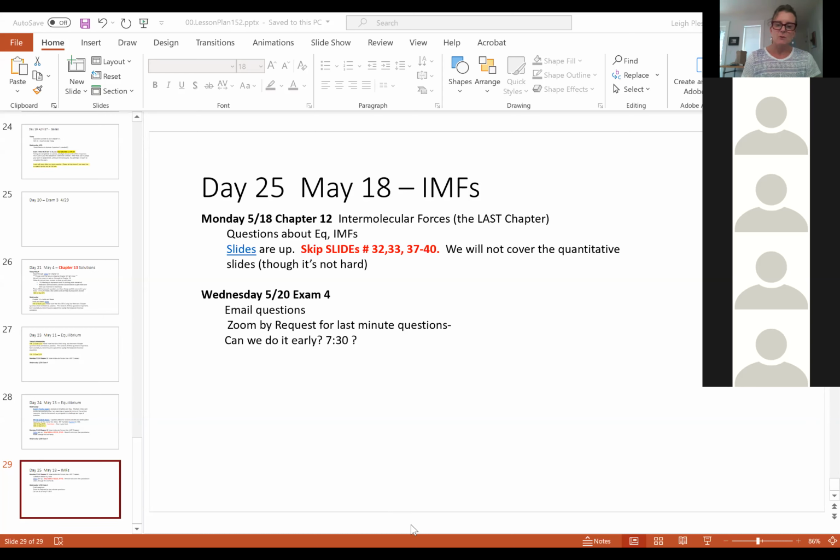And I think if I teach 152 again, I'm going to move that part back there. I think it makes more sense to cover it then. But I'll say some things about intermolecular forces that pretty much summarize what's there, but I think it's always helpful to hear it in addition to seeing it. Yeah, definitely. Okay. Well, hopefully it's helpful.